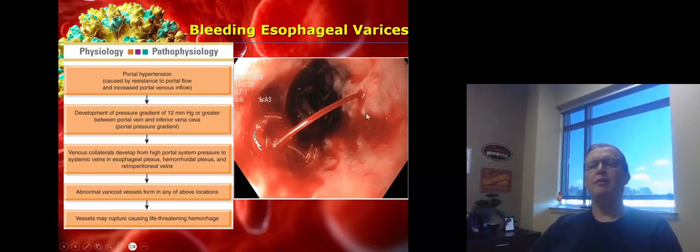Now, what I also want to point out to you here, which is not readily apparent, is this area of tissue right here. If you'll notice that there's a portion of this that is blood, but up here in the more proximal portion it's darker than this nice pink tissue. This pink tissue is what your esophagus should look like. This darkened area means that tissue there is thinned and there's blood pooled behind it, and that is under pressure.